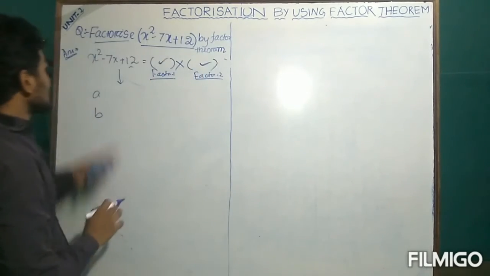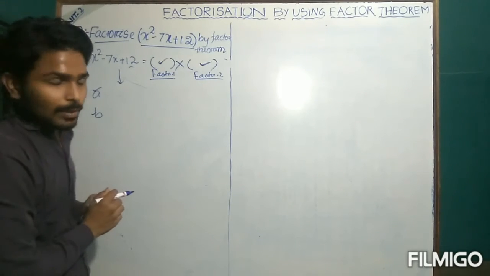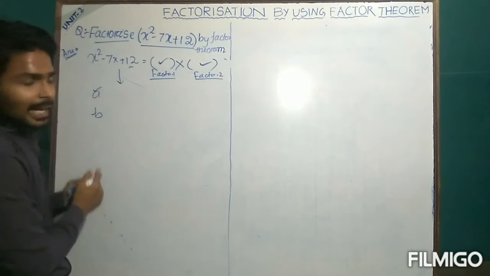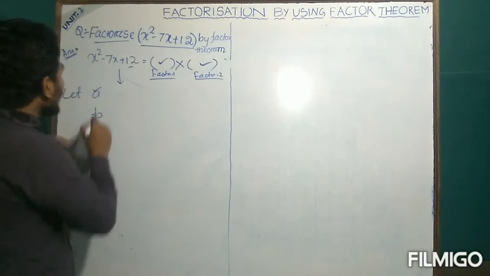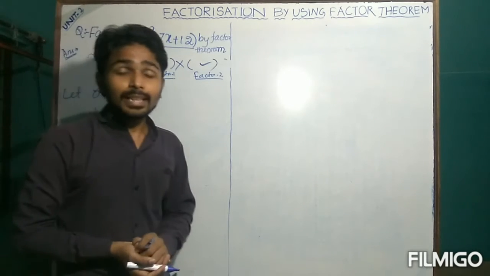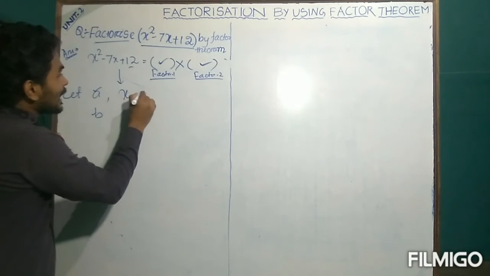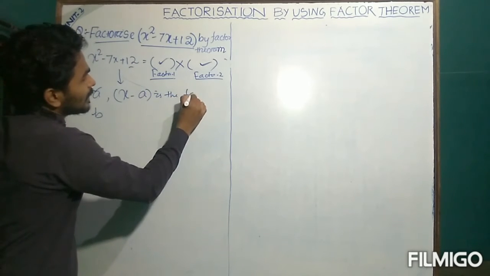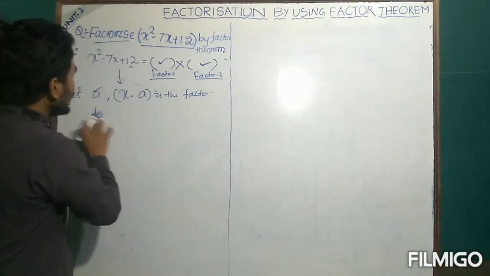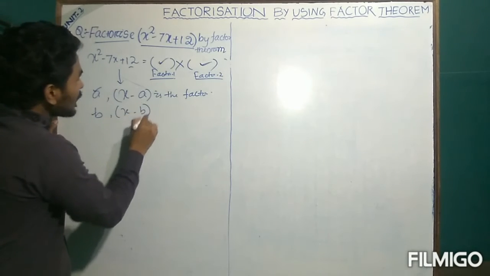Since it is a quadratic polynomial, it gives rise to two zeros. Suppose they are a and b. This is an assumption. If a is a zero, then the factor is x minus a. And if b is a zero, then its factor is x minus b.